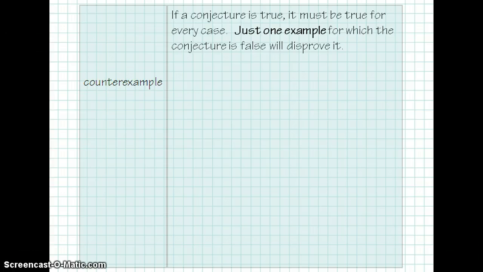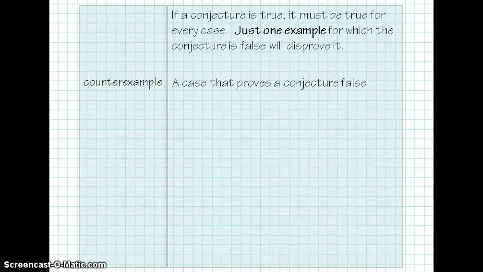Even if all the other examples we came up with were even, just one odd example would disprove it. An example that makes a conjecture false is called a counterexample.